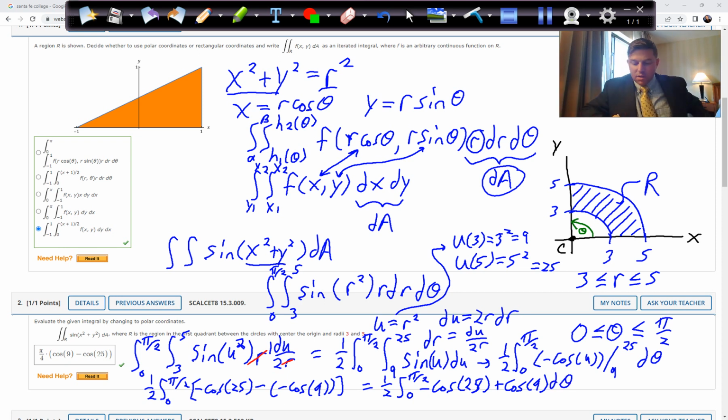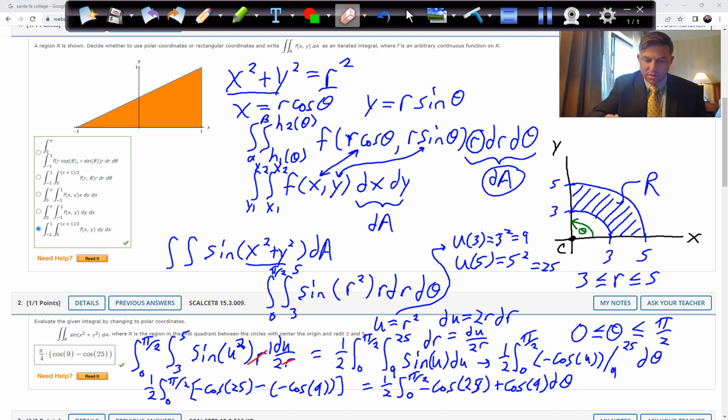Okay, now none of those terms have a theta in them, so they're basically just constants now. So the antiderivative of this would just be adding a theta to both terms and then evaluating it from the lower limit to the upper limit.